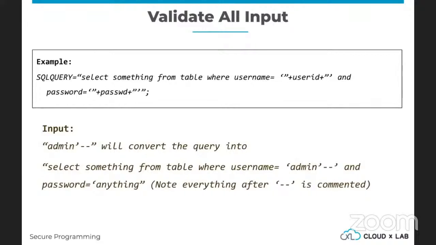The second mistake in defending it is this. One very important thing that happened, I never imagined that people could get so creative, is that they swapped the password and username check. Okay, so it became select something from table where password equals password and username equals username, right?